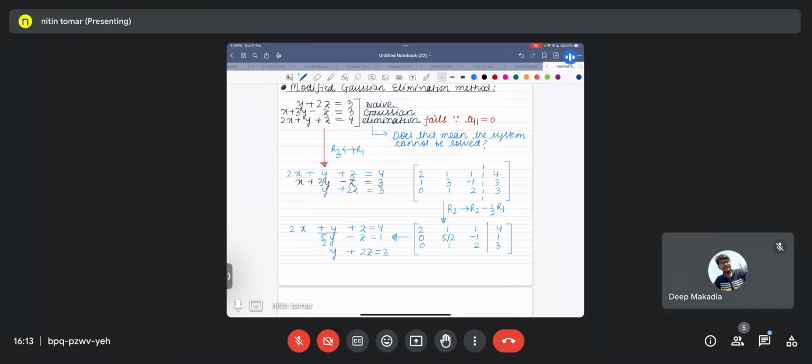Now what you do? You apply the same procedure here. What is the maximum? 5 by 2 or 1? 5 by 2. So then interchange. Okay.